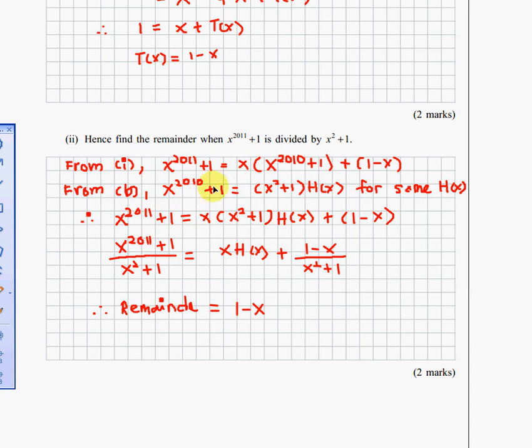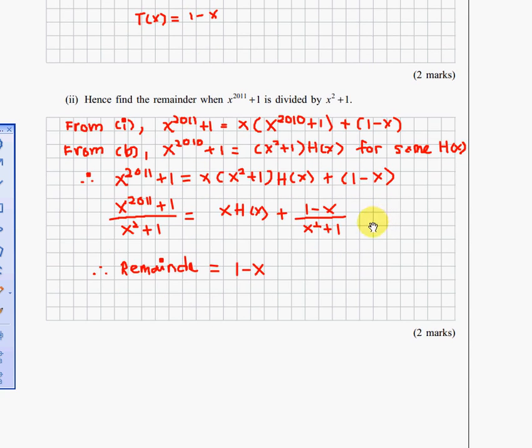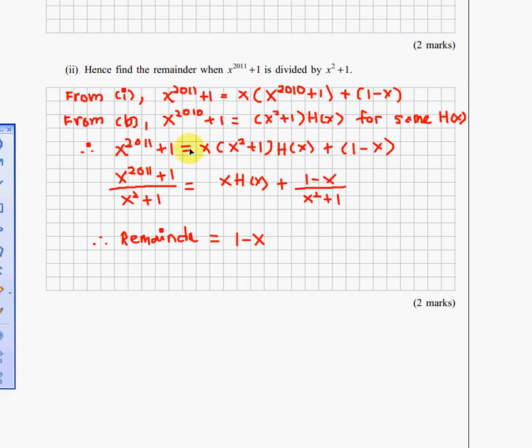So therefore that means that this expression can be expressed as x squared plus 1 times some polynomial, let's call it h(x). And so what we do is we substitute this expression into the other expression, 2011 plus 1, and work on this and divide the whole equation by x squared plus 1.